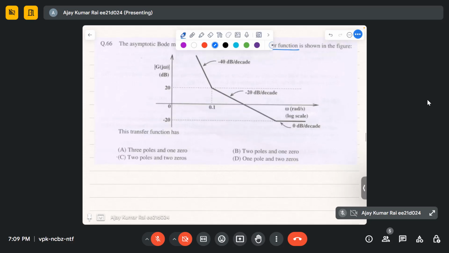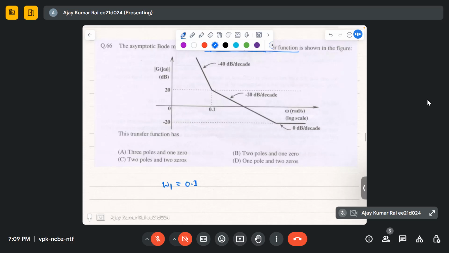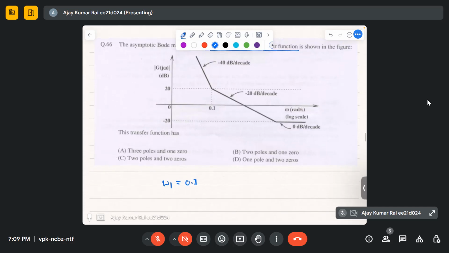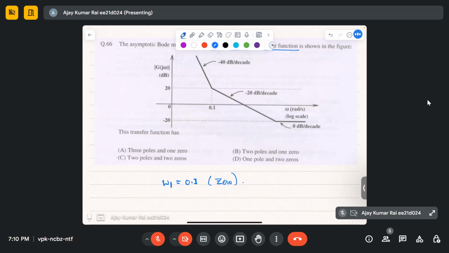You know the first corner frequency is equal to 0.1. What is happening at 0.1? The slope is changing from minus 40 dB to minus 20 dB per decade. The slope is decreasing, so you can say there is a zero.